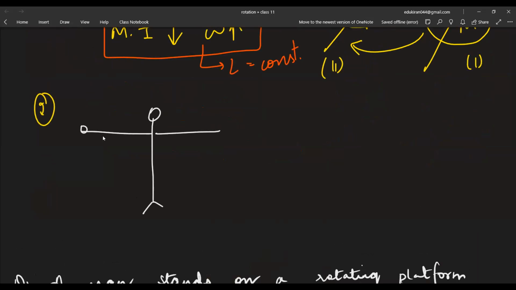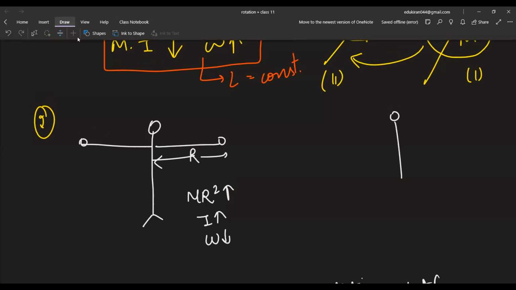These are the ends of the arms. Means this is the radius which is greater. If the radius is more, mr squared will be more. It means I, the moment of inertia, is more. Here the angular velocity is less. Now what did the dancer do?